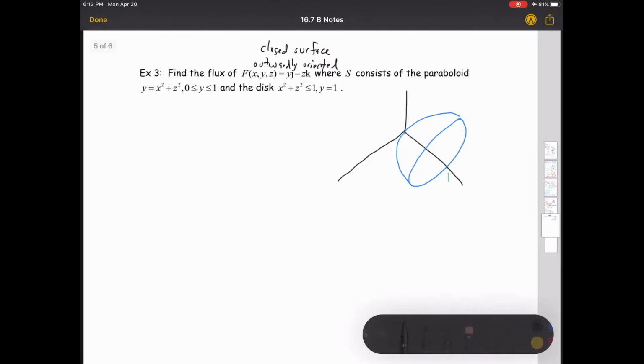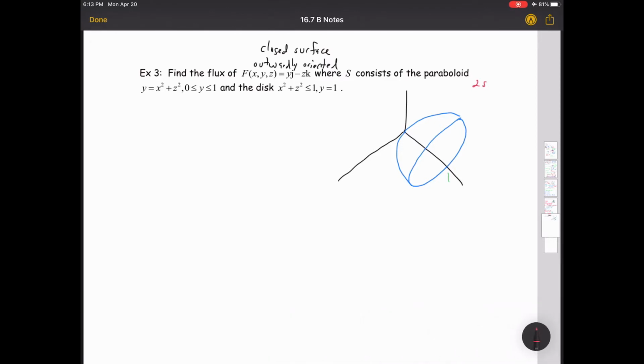So what we have is two surfaces. We've got the surface which is part of the paraboloid, and we've got the surface which is part of the disk. And what we want to do is find the flux. Again, it's outwardly oriented. What is this force field doing as it's exiting this surface, as it's coming out of the surface? So if we're looking at the paraboloid portion, you've got forces which are doing whatever they're doing on the inside, but as it hits the outside, we want the forces to be perpendicular to the surface, right?